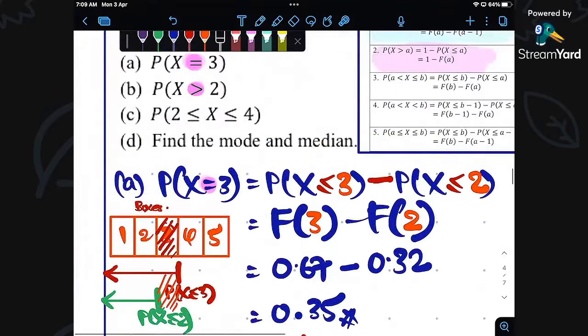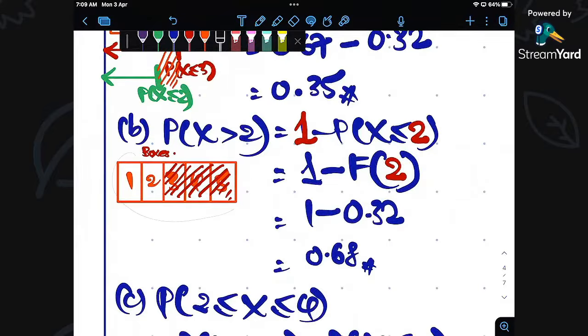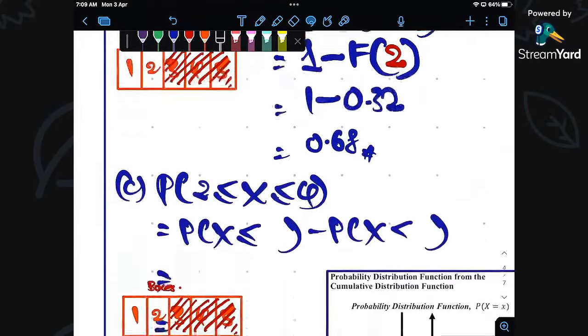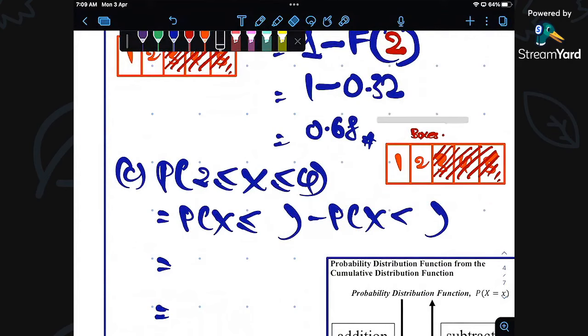And the last part here is, what is it? P(X) is in between 2 and 4. So this is the word between. So be careful. It's the same thing over again and again. You do the boxes. It's easier. Now you shade the region that they want.